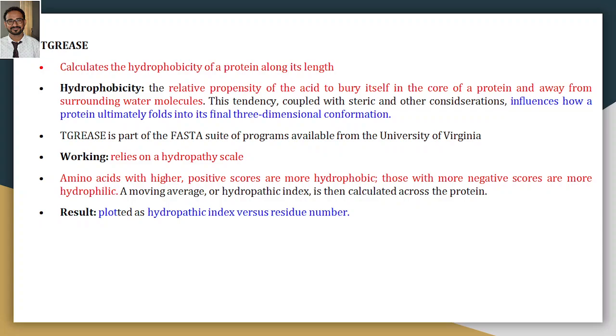Since it calculates hydrophobicity, the maximum score represents hydrophobicity and the minimum score represents hydrophilicity. A moving average or hydropathic index can be calculated using standard formulas across the protein. Next, results are plotted as hydropathy index versus residue numbers.